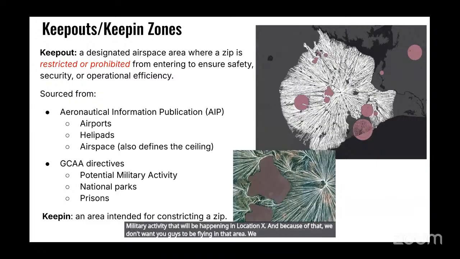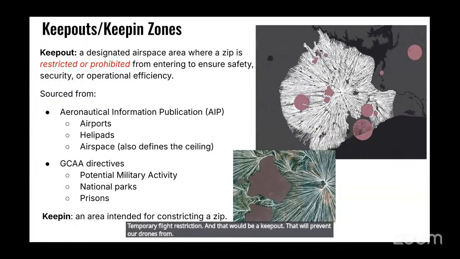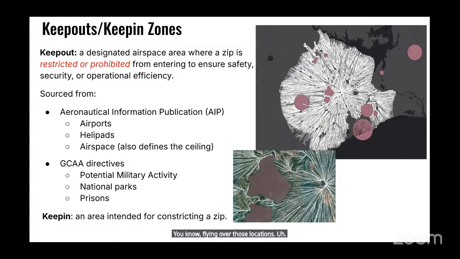We would introduce what we call a TFR, temporary flight restriction, and that will be a keep out that will prevent our drones from flying over those locations. There are also things like national parks and prisons where obviously they wouldn't be comfortable with our drones flying over.